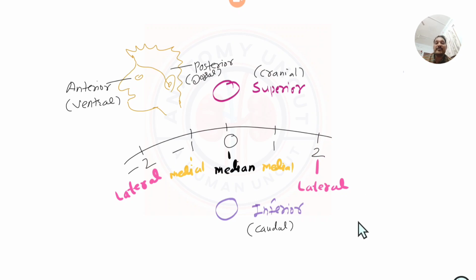So these basic terms are very important, that you know how it is positioned and in what direction they are mentioning it. So remember, these two slides play a basic role in understanding structural anatomy. Okay, so let us go ahead.